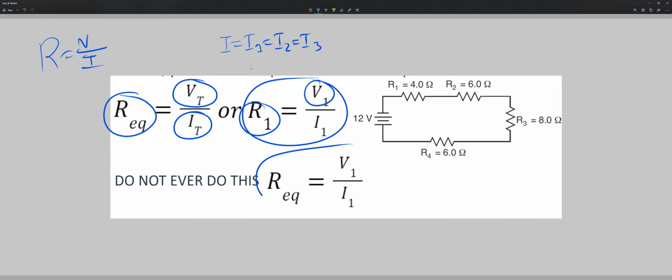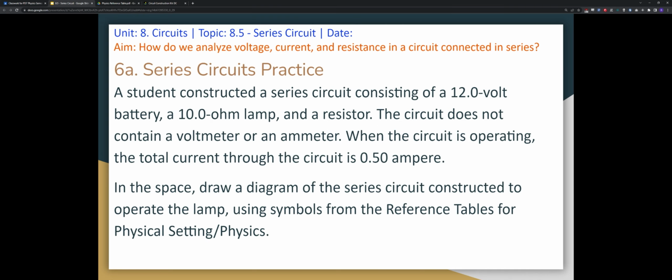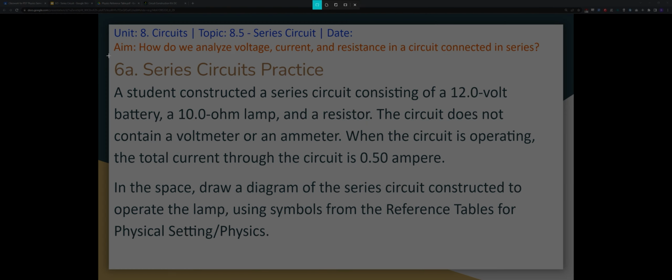I'm never going to mix my formula. I'm not going to say my total resistance is equal to my individual voltage over my current. I'm not going to mix total and individual. I have to use either all total or all individual. And that's the biggest problem students have when solving problems with series circuits.